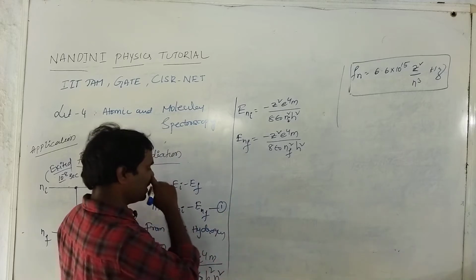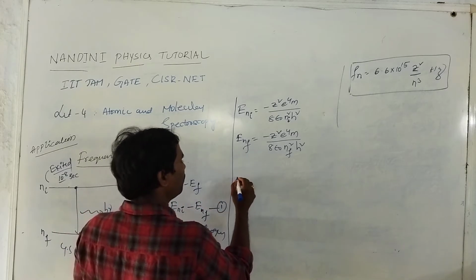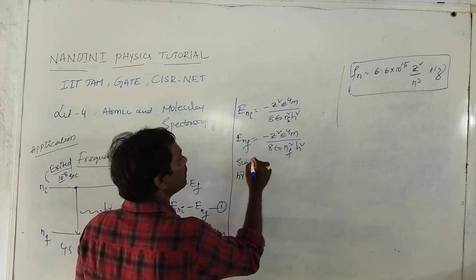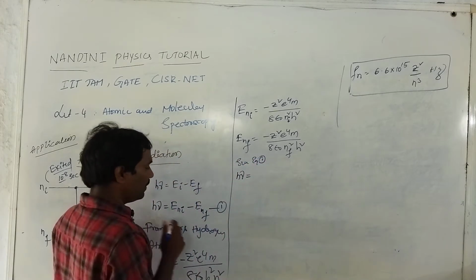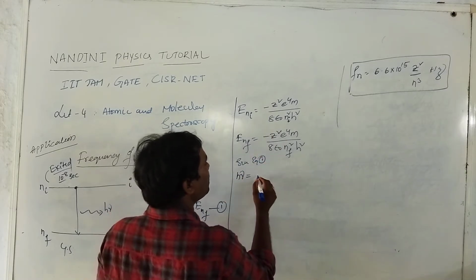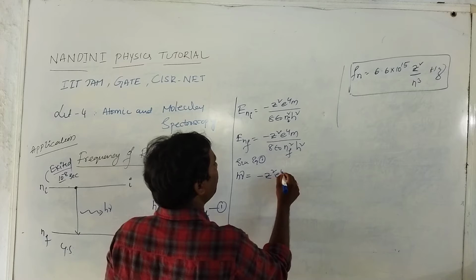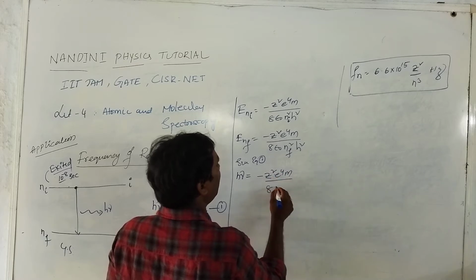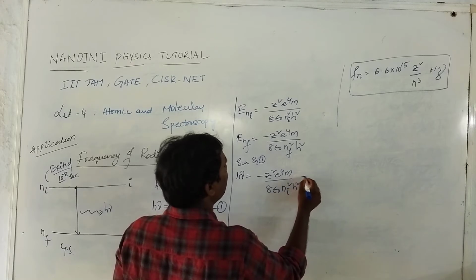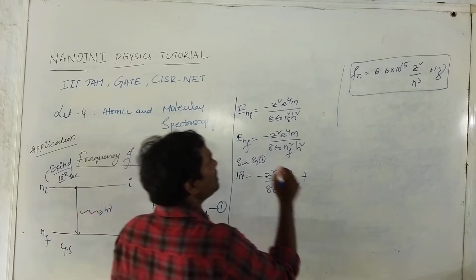So I write here h nu is equal to, substituting in equation 1. What will happen? h nu is equal to the initial state term, minus z square e power 4 m divided by 8 epsilon naught square ni square h square, minus of minus, plus. What is the final state?